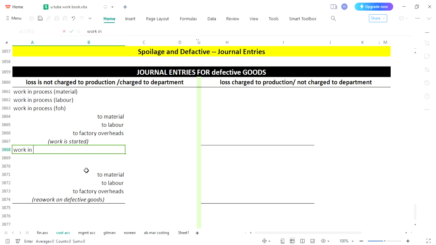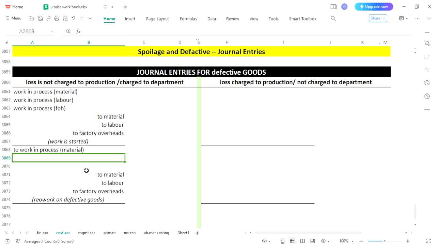Work in process material was started. Okay, the brackets are important. So work in process material was started with the help of material. This is rework, not original work in process.